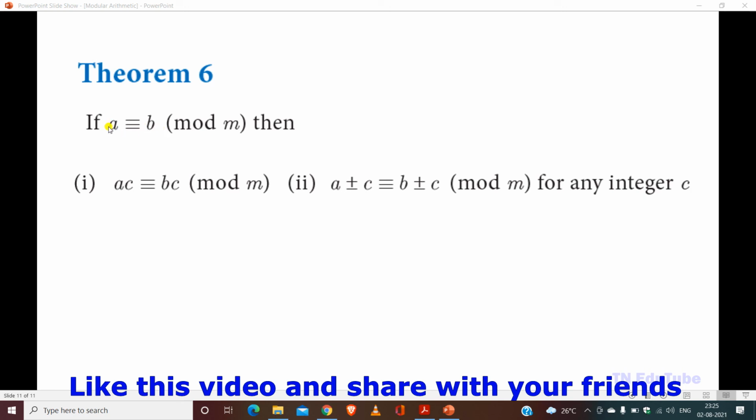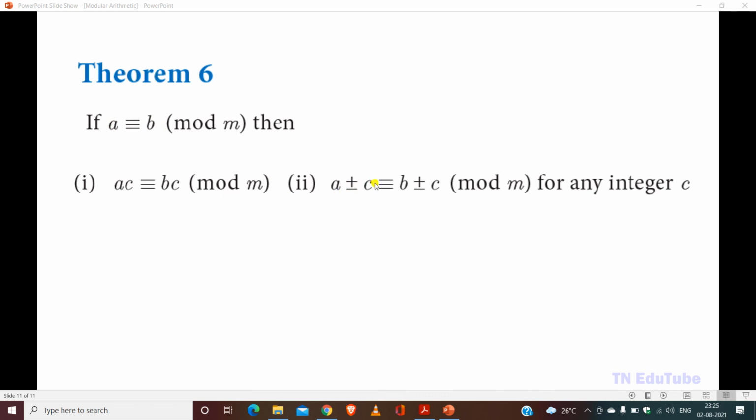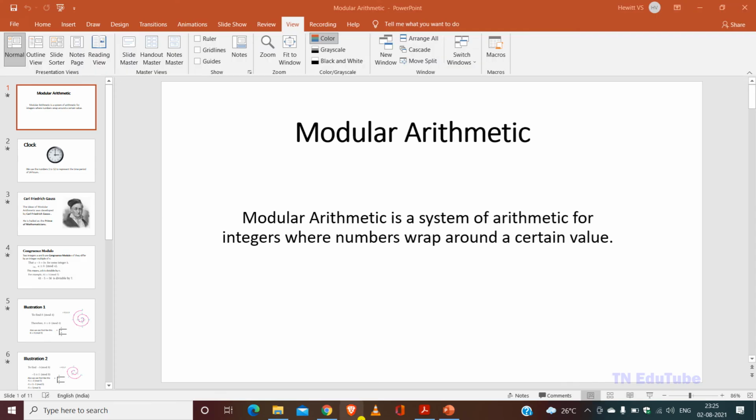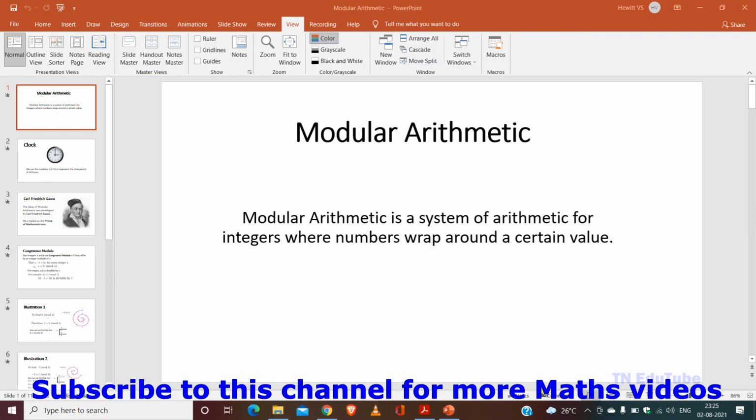If you are adding, you have to add on both the sides. If you are subtracting, you have to subtract on both the sides. So it is written as a plus or minus c is congruent to b plus or minus c mod m. Let's see the examples in the next video. Okay.